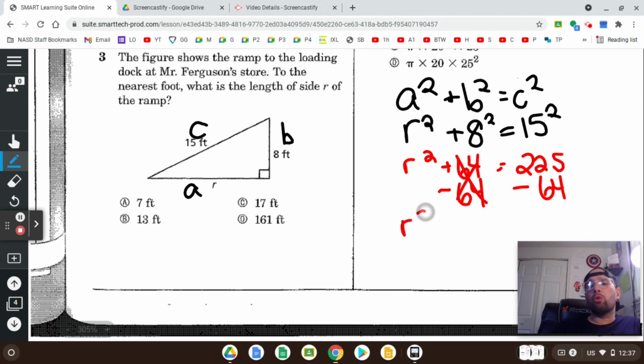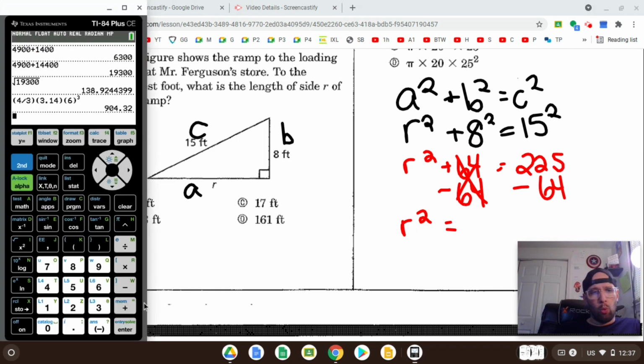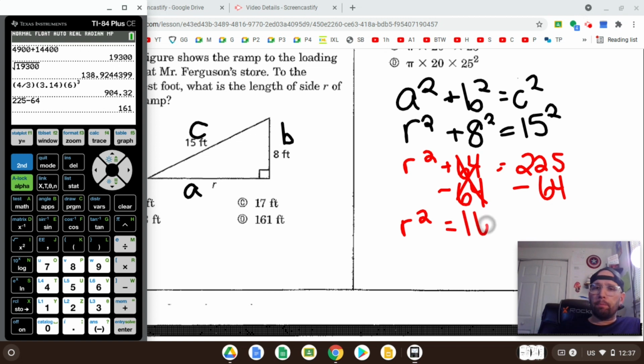So r squared is going to equal 225 minus 64. That's going to be 161. Is r all by itself? No. What's in the way? Squared. So what do we do? Square root it.